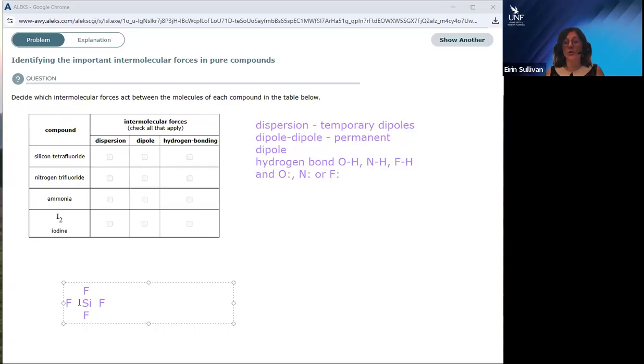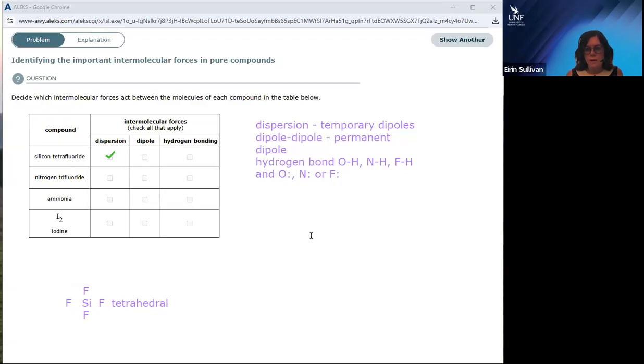But of course, you've got to also look at the molecule overall and see if that bond polarity cancels out, which it does, because this is actually going to be a tetrahedral shape if we use VSEPR theory. Steric number of 4, and the directions of those silicon-fluorine bond dipoles are all going to cancel out. So the molecule as a whole has no net dipole moment. So I would go ahead and say that is dispersion only, no dipoles.